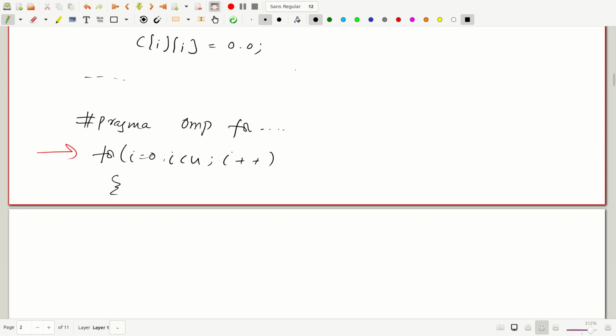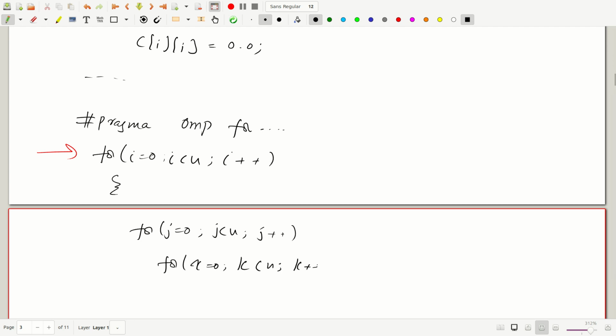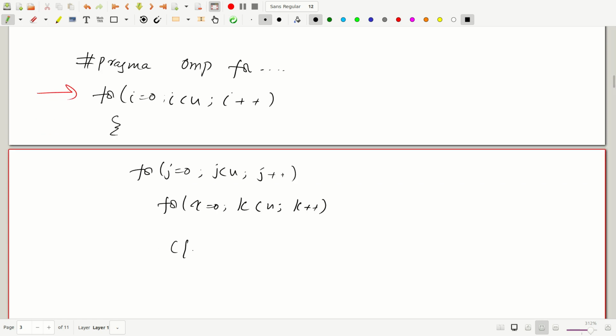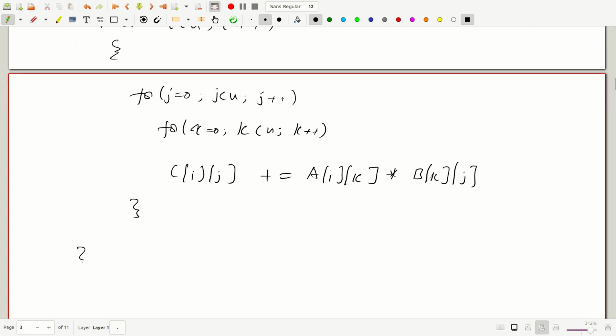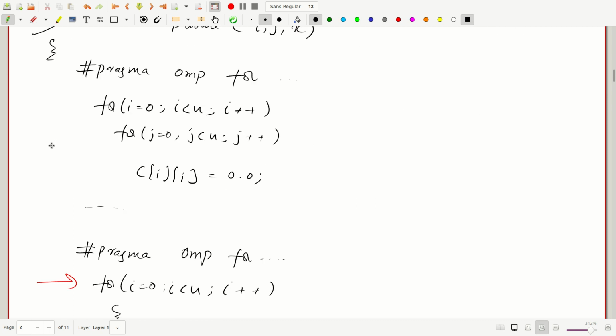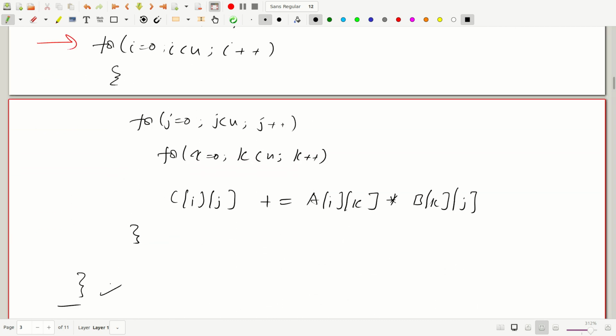Then for j equal to 0, j less than n, j plus plus, and for k equal to 0, k less than n, k plus plus. Then we write C of ij plus equals A of ik star B of kj. That would be fine. Then I close this for loop and also close the hash pragma that we opened here. So far so good.